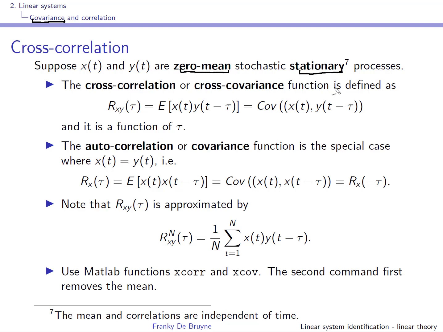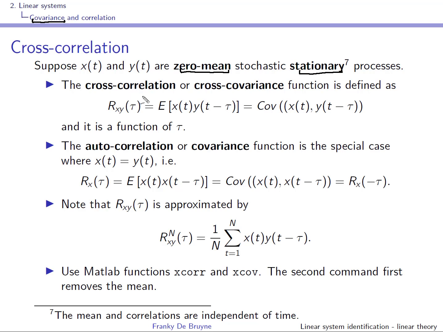This means that the underlying probability density function does not change with time. So for instance, if you take these signals and you compute the mean, the variance, they will not change with time. And if you would compute correlations, they would also be independent of time.